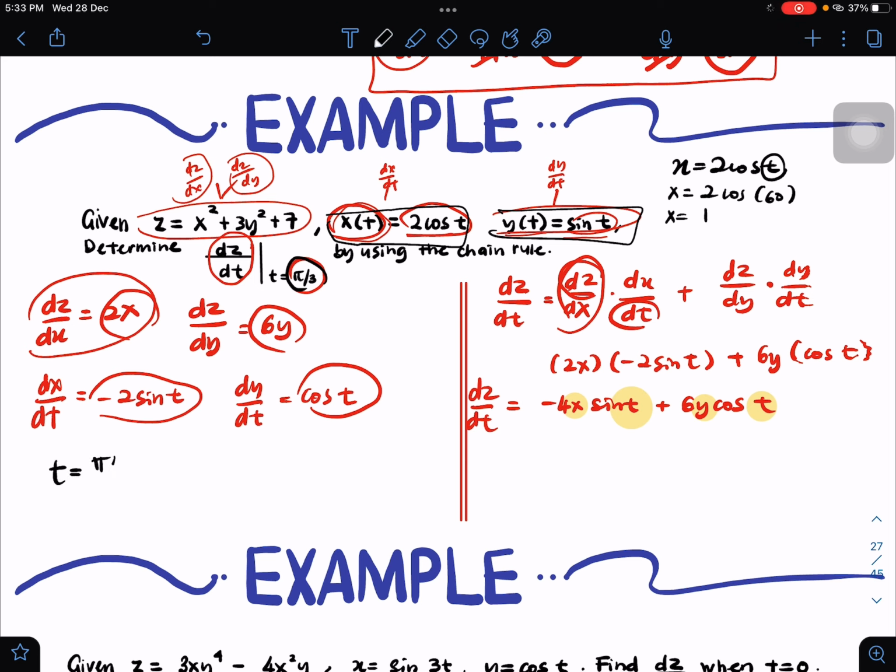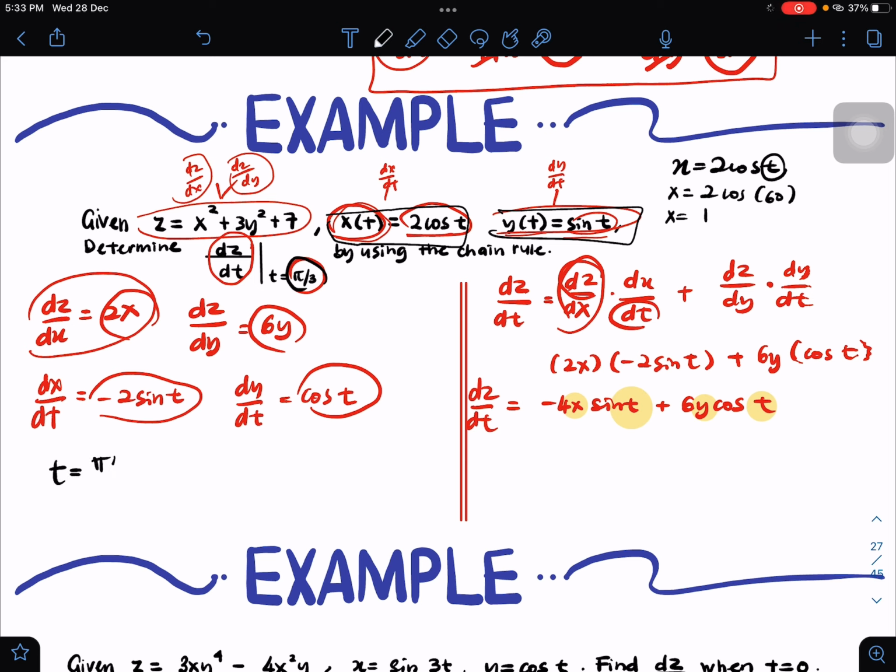Your x is 1, your t is pi over 3, plus your y is root 3 over 2, cos of pi over 3. You can calculate, and the answer is negative root 3 over 2.